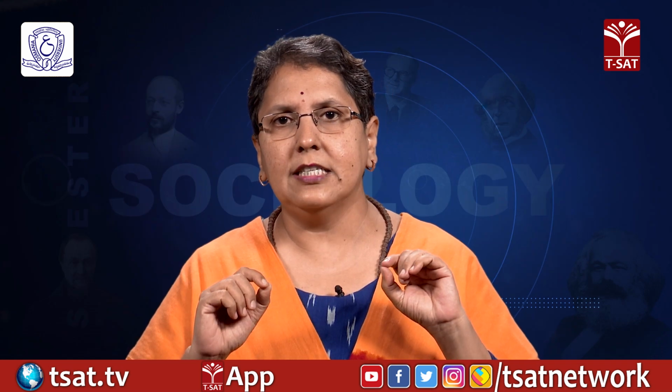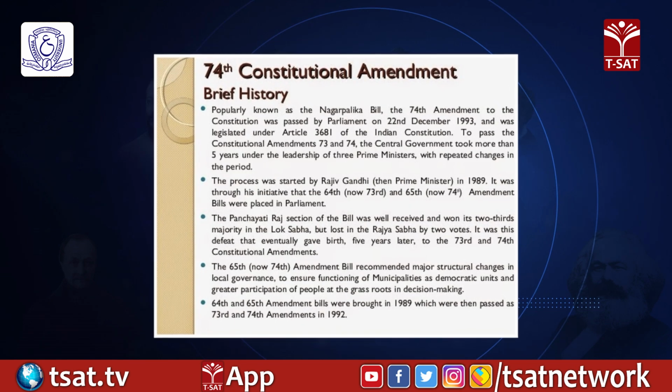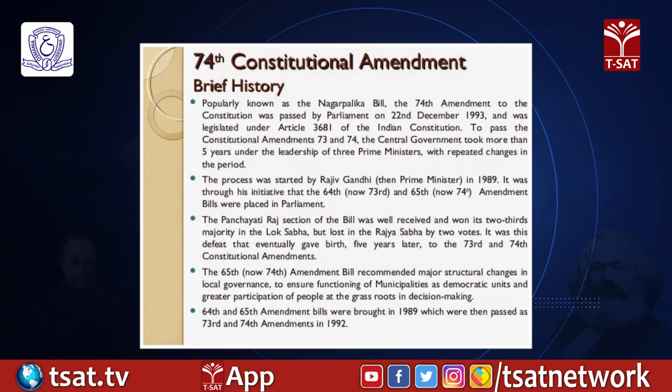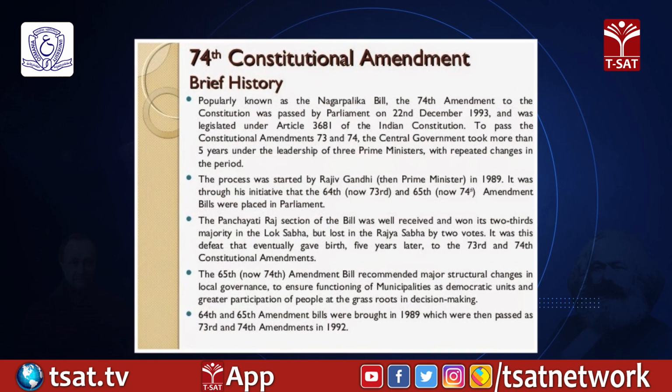The second phase started in the 1990s, whereby reforms were instituted in the form of the 74th Constitutional Amendment 1992, which enabled the devolution of funds, functions and functionaries to the urban local bodies.